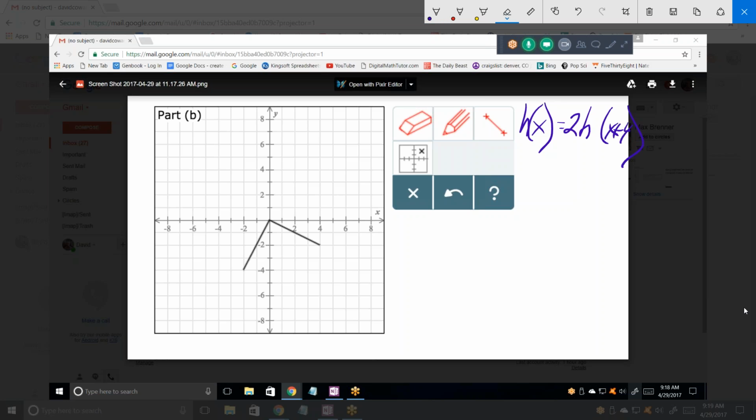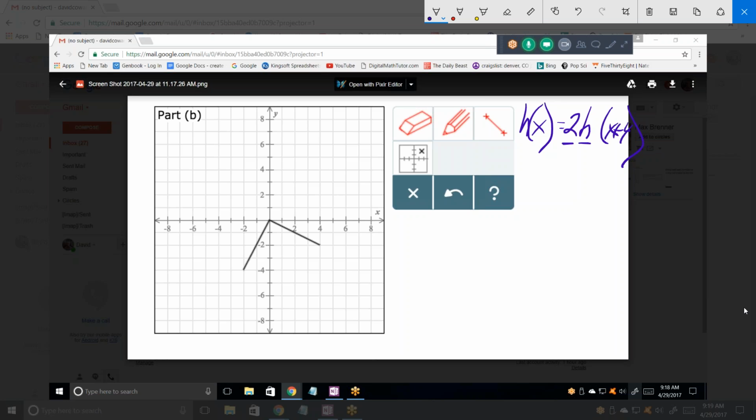Okay. So, what two things are happening? Well, hold on a second. Let me think about this one for a minute. 2h times x plus 4, and they want us to graph it. Okay. What two things does this have in common?